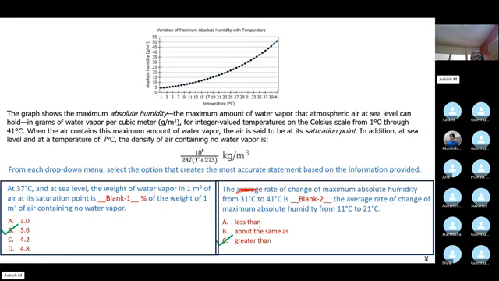The rate of change in that case, let's say between 31 and 41: 31 was basically this, 41 would be this. So the rate of change would have been the final value minus the initial value divided by, in this case, 10. That would give you the rate of change.